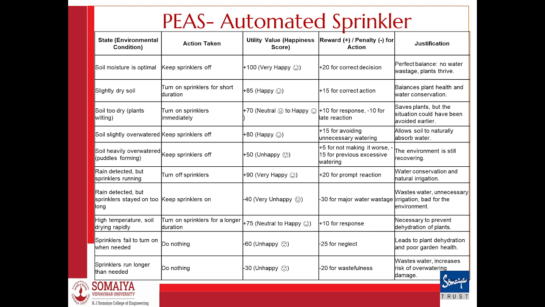At the same time, it's not going to waste the water, and hence the environment might be more happy and it might incur some rewards for the agent's actions. Whereas during the rains, if the sprinklers are kept on, it's going to waste the water and might make the environment unhappy, and so on.